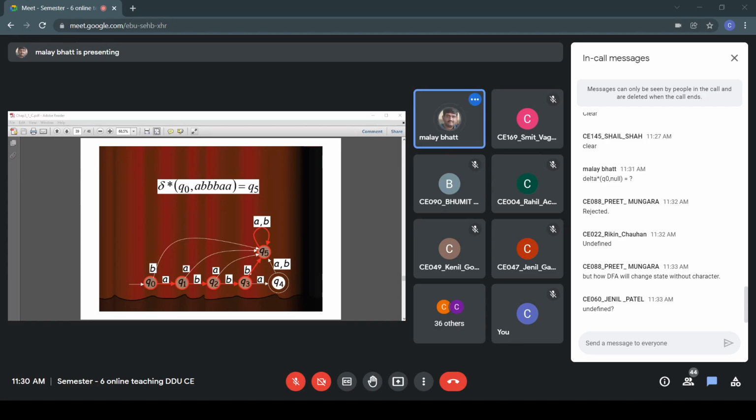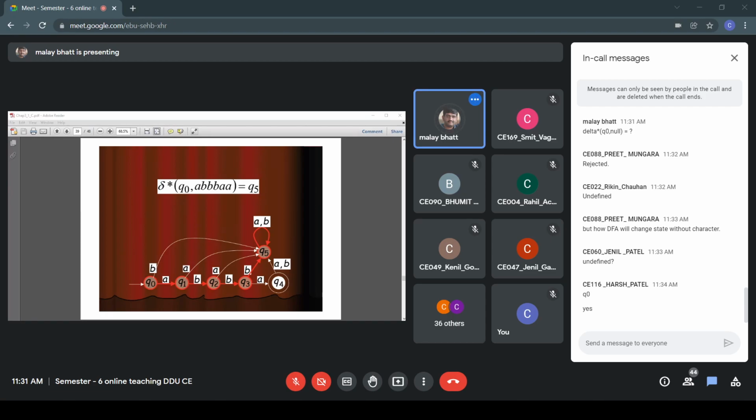It is the null, right? So when it is null, in which state will you stay? If you do a concatenation with null, what will be the effect? You will get null. So null means it is Q0. Yes, Q0 is the correct answer.